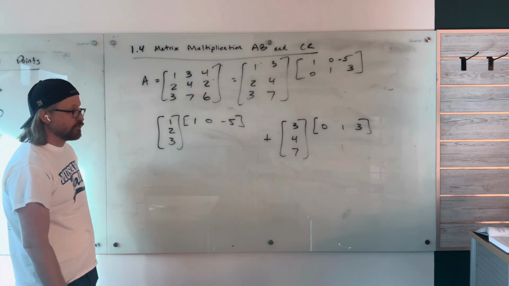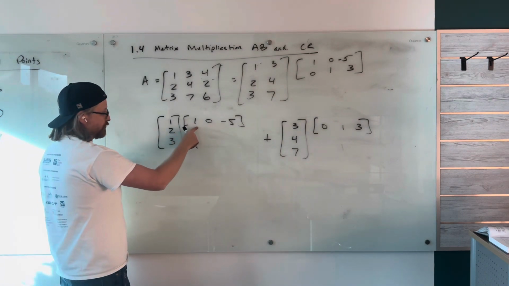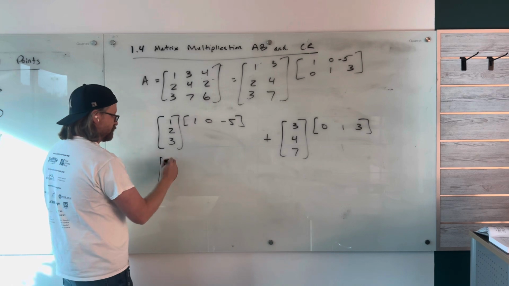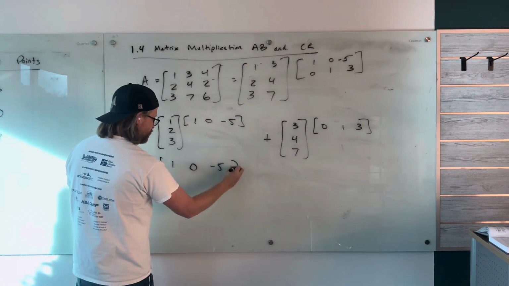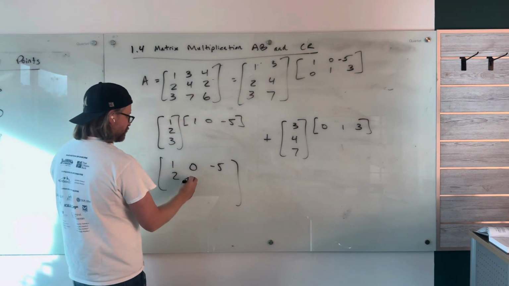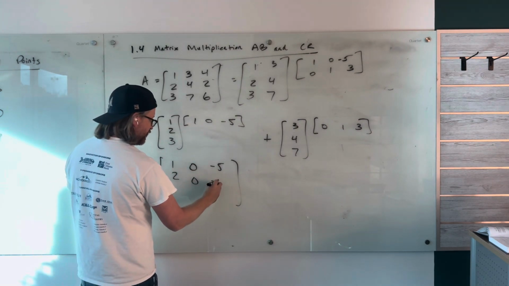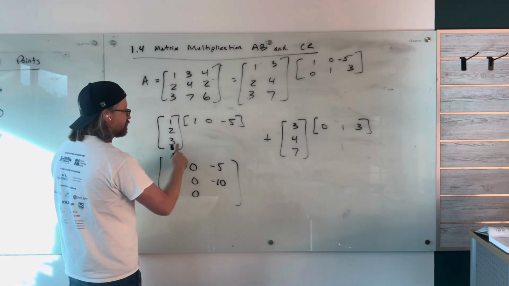So if I go through and do this multiplication, 1 times 1, 1 times 0, 1 times negative 5, 2 times 1, 2 times 0, 2 times negative 5, 3 times 1, 3 times 0, 3 times negative 5.